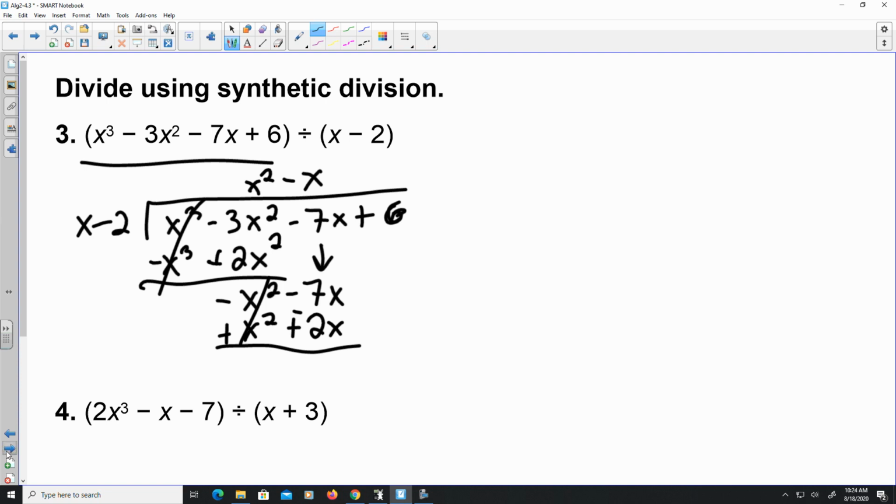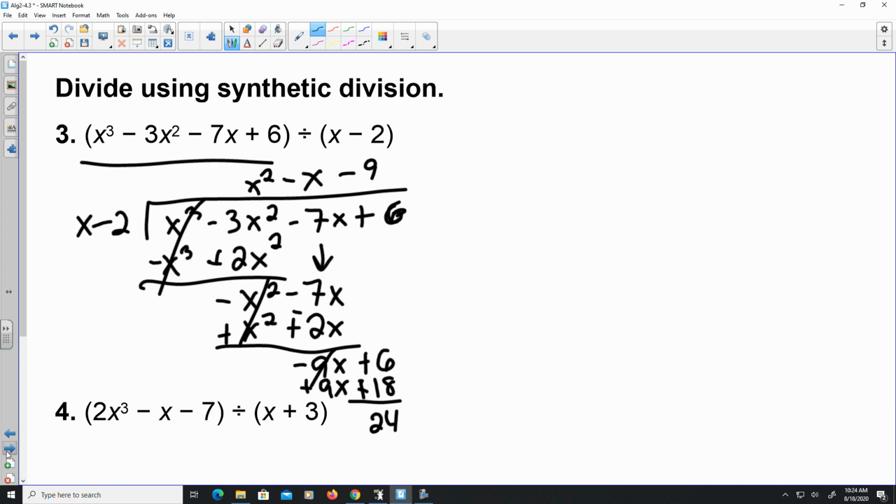This turns into negative 9x, and then I get the plus 6 from the top. Finally, this is going to be what? Minus 9. And so I get negative 9x, and I get plus 18. Change the sign, drop this down. 6 plus 18 is what, 24?